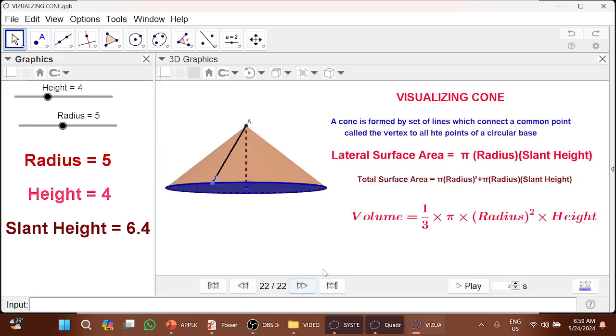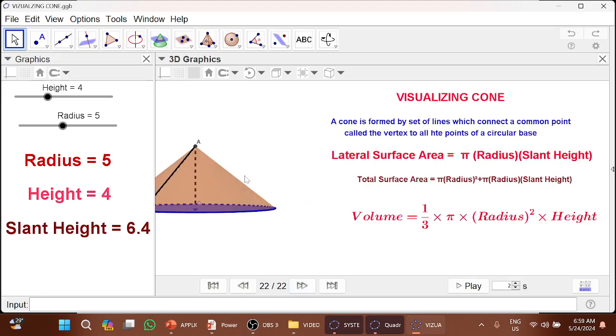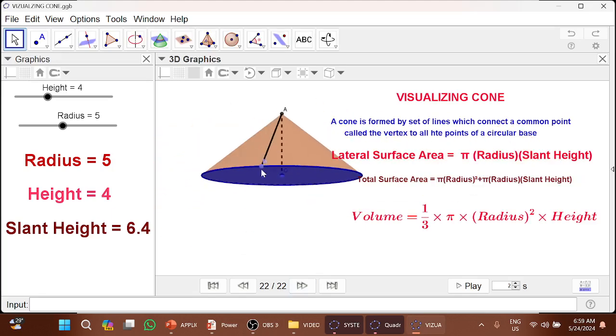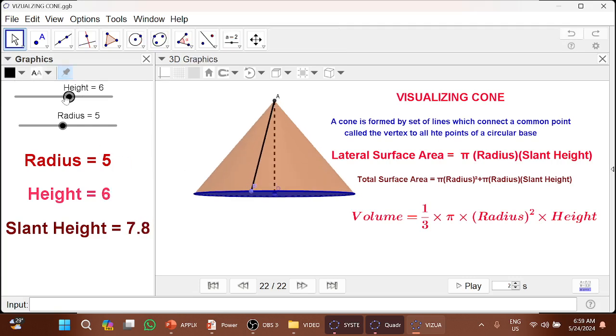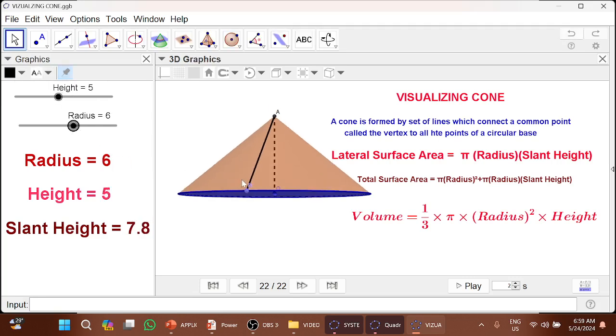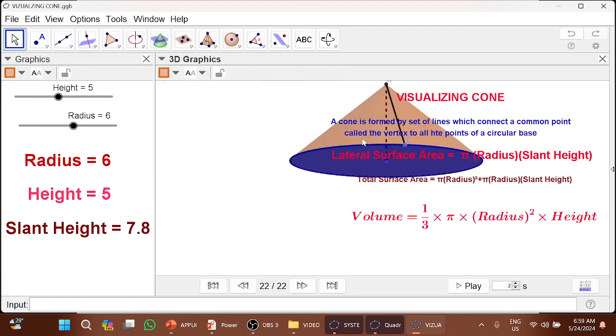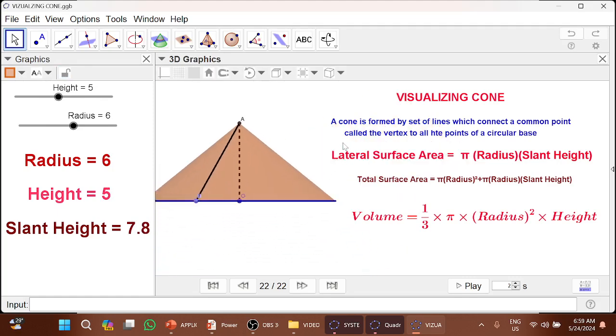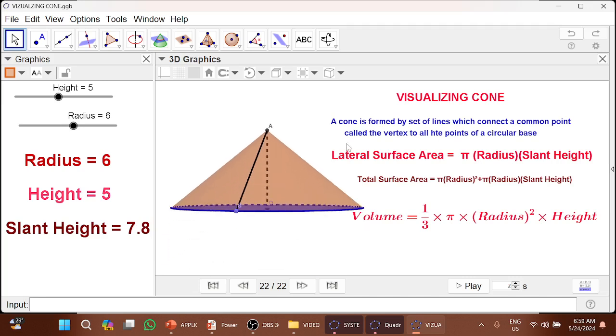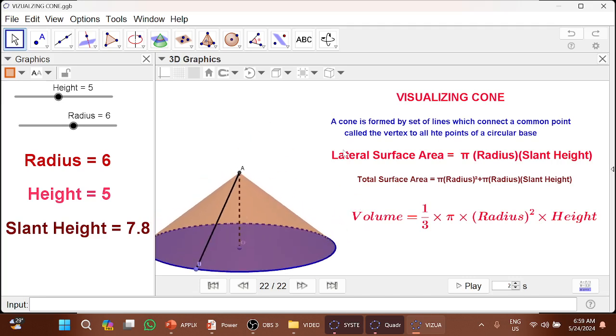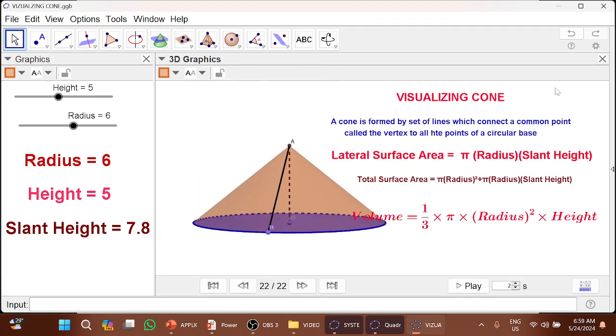That is one advantage of it. You see visualizing the cone, and you can change the height also, and you can show the radius also, and you can rotate it. You can show them the base, and the surface, the lateral surface area, everything automatically. Good.